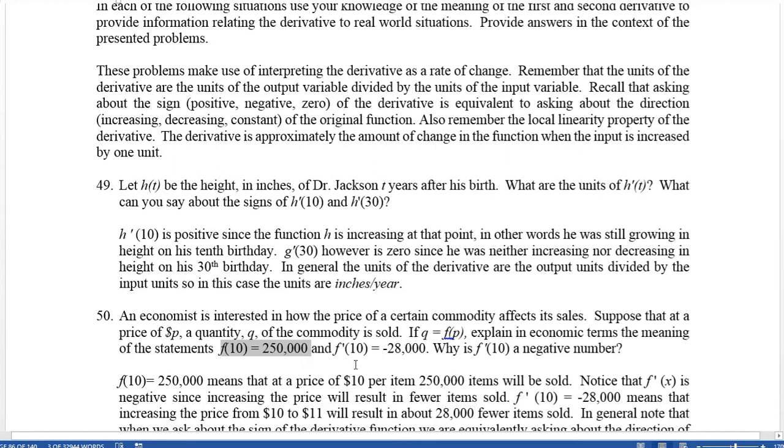Are we going to sell more items or fewer items? Well, if the price goes up, you're more likely to sell fewer items. So we should see a drop in sales, which means that the quantity, F, or Q, is a decreasing function of the price, the unit price, P, so the derivative is negative.